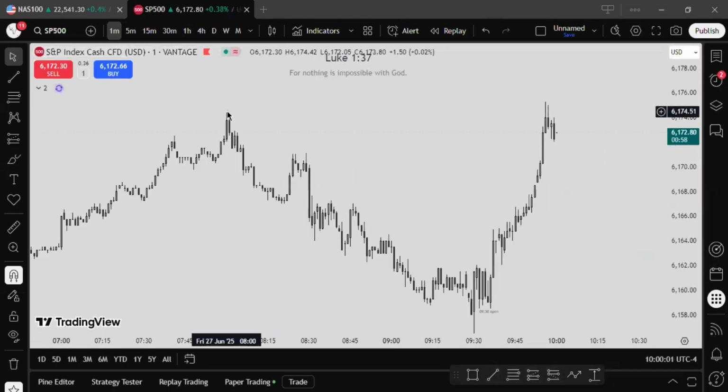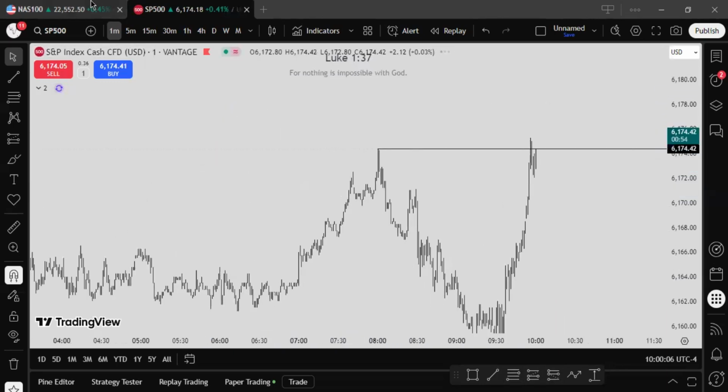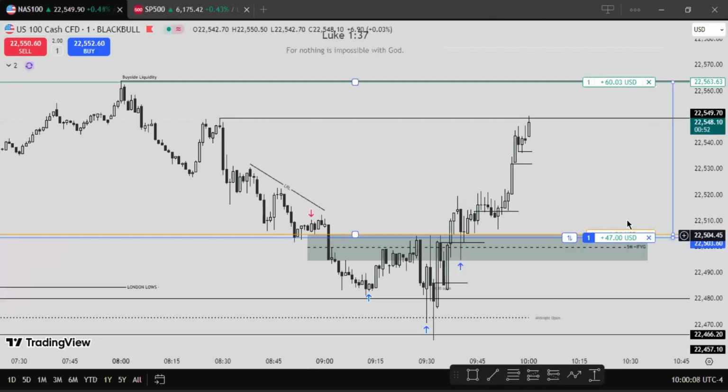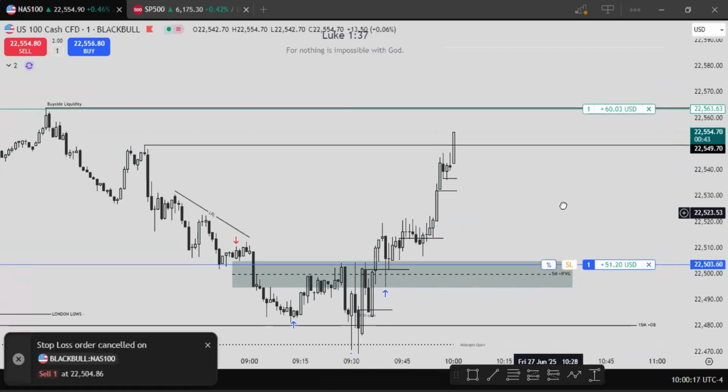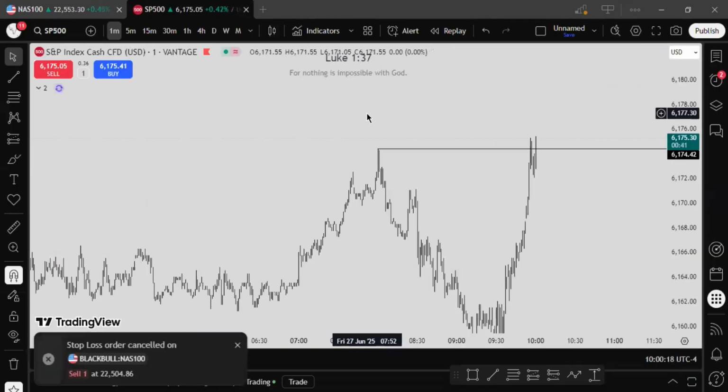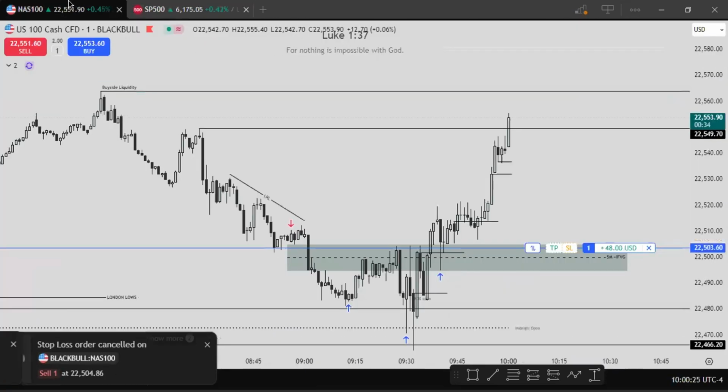Oh, shoot. I'm gonna close this. Take off my full position here because I know I'm still expecting higher prices, but the S&P took out that high. So I'm also gonna take out my next big trade.